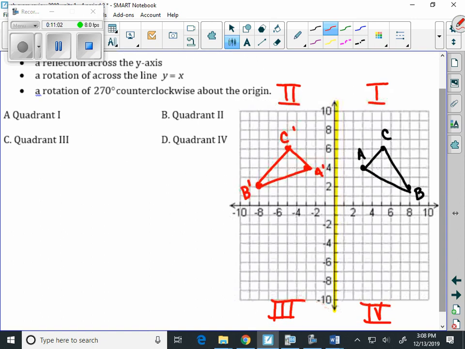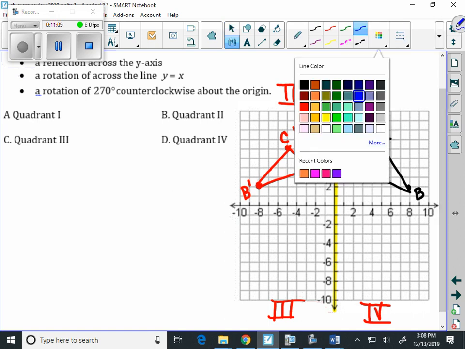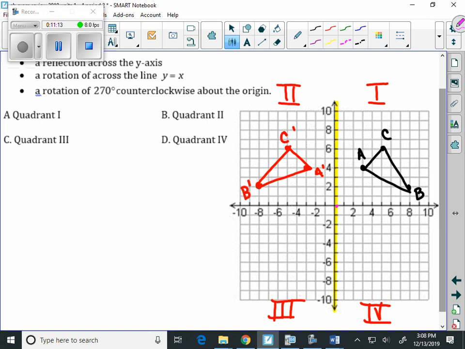Now we're going to reflect across the line y equals x. So let's draw in the line y equals x. Remember, we cross at the origin, and our slope is 1 over 1. I frequently say that if we've got a square grid here, it goes from the lower left-hand corner to the upper right-hand corner.